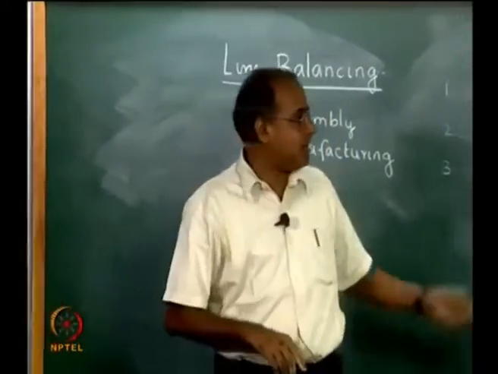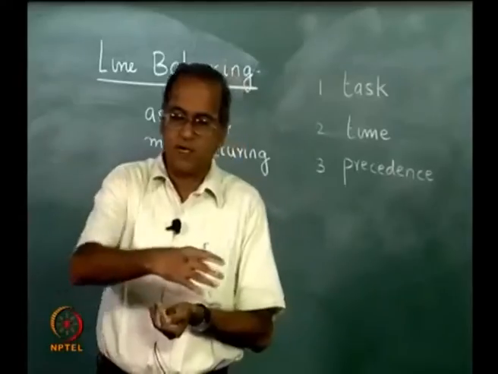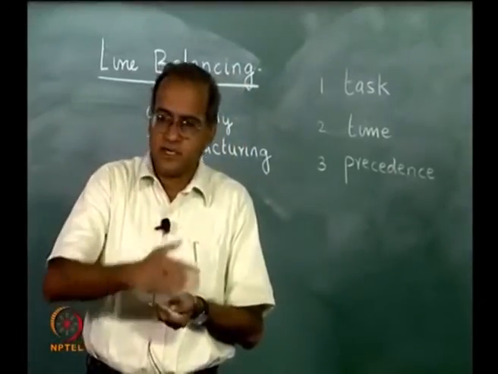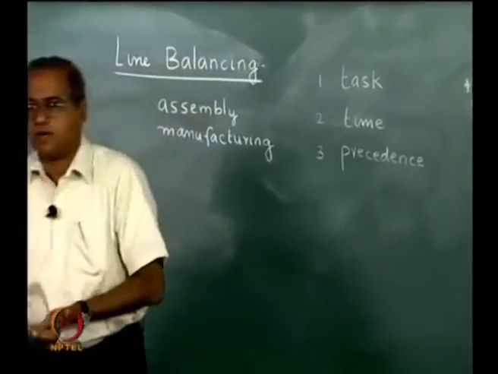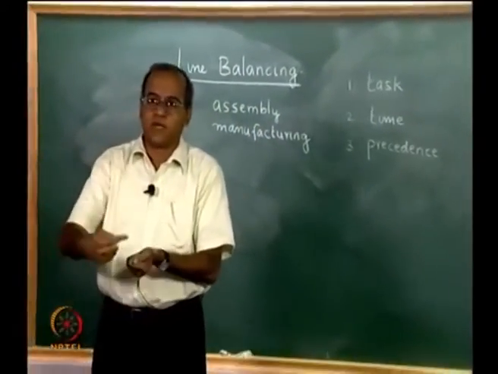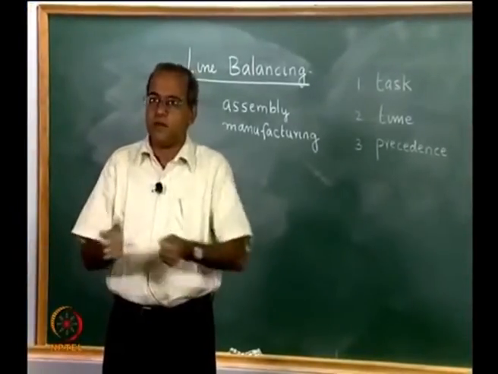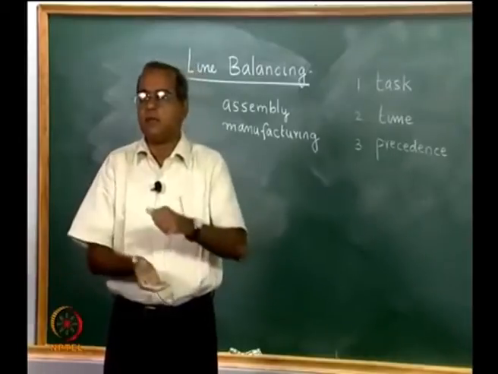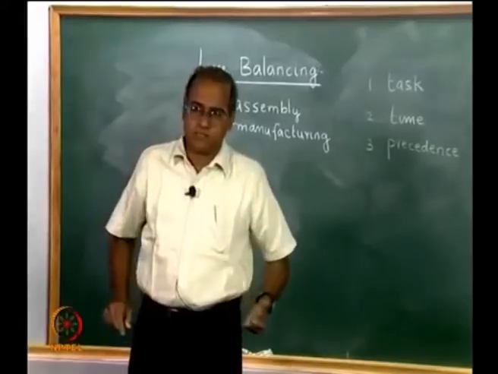Therefore, it is customary in assembly line balancing that one operator is given 2 or 3 tasks or a certain number of tasks, and the assembly moves to the next operator who carries out a certain number of tasks and so on. So that each operator would have a workbench, and there will be a time taken by each operator in the workbench.